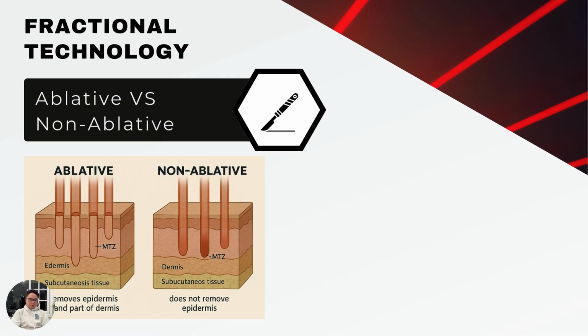This has the most transformative effects compared to non-ablative. Non-ablative is safer with less downtime as it bypasses the epidermis, so there's no injury on the epidermis side, and it penetrates the middle layer of the skin, which is the dermis.